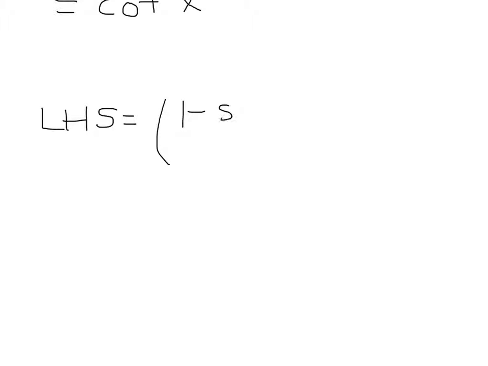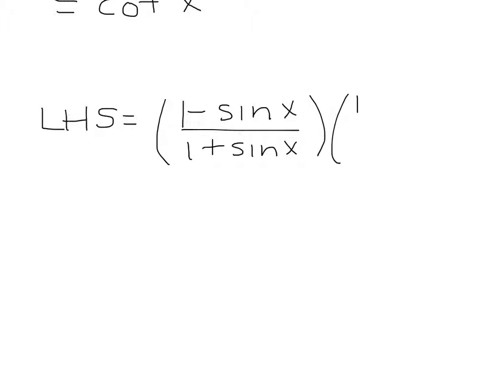So I have 1 minus sine of x divided by 1 plus sine of x. One of our favorite tricks is multiplying by the conjugate, because that way I will end up with a difference of 2 squares on the bottom, which gives me 1 minus sine squared.